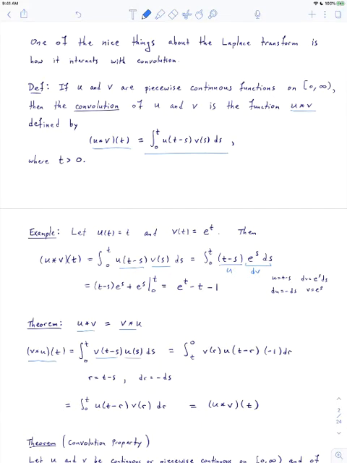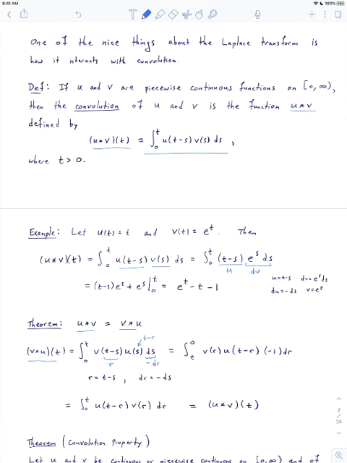What we're going to do is make a substitution. We let t minus s be r. Then ds is the opposite of dr, and s becomes t minus r. All of that has been written out here.